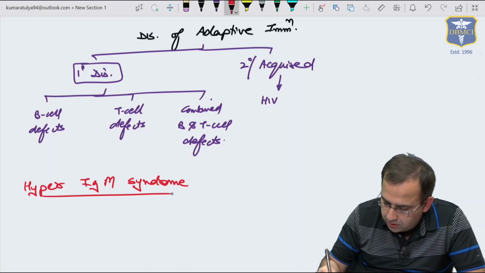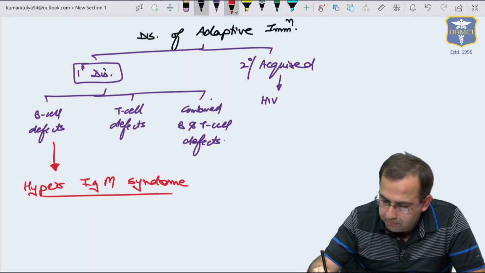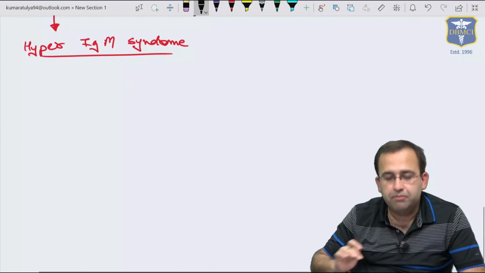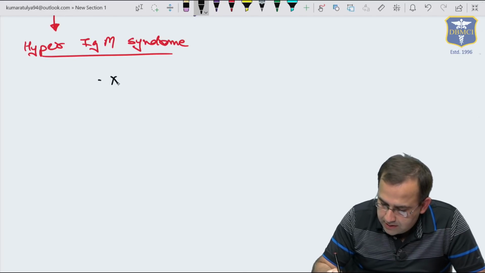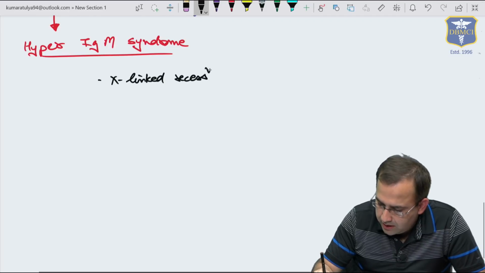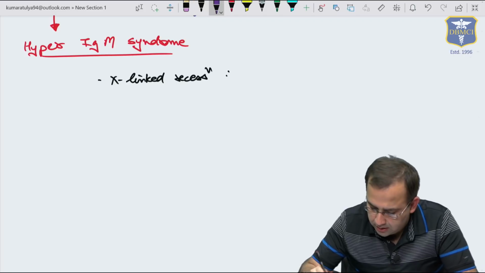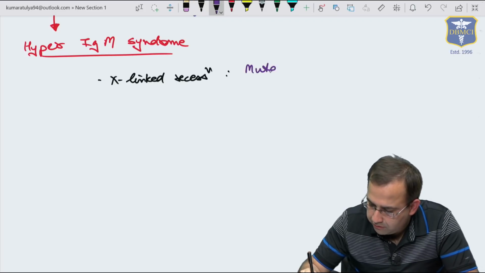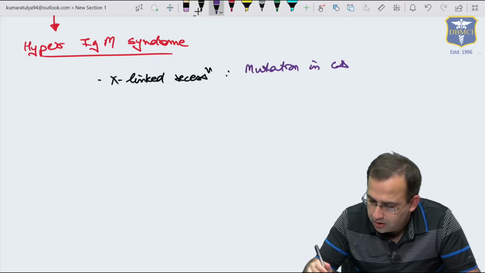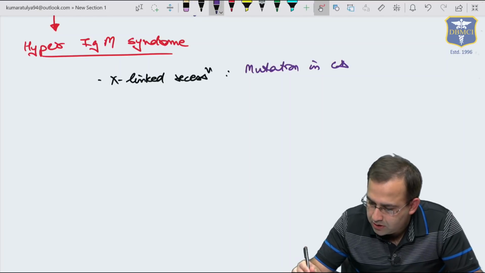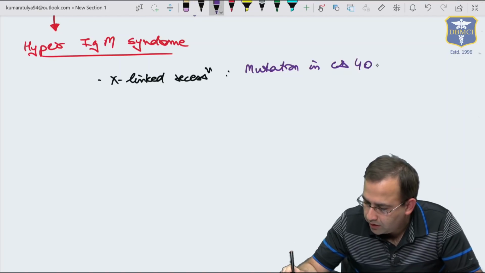This is a B cell defect which has an X-linked recessive inheritance and occurs because of a mutation in CD40 ligand.